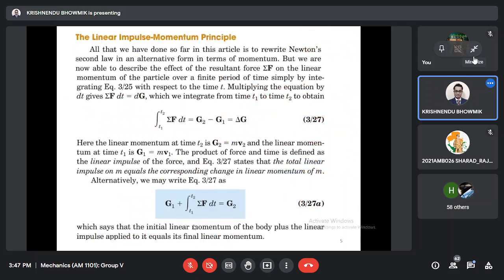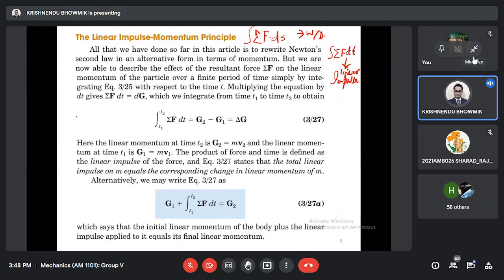Now, if we have this force summation F and multiply it with ds, we get the work done with respect to distance, and we do the integration. Similarly, if we do summation F dt, then we will get impulse, linear impulse.